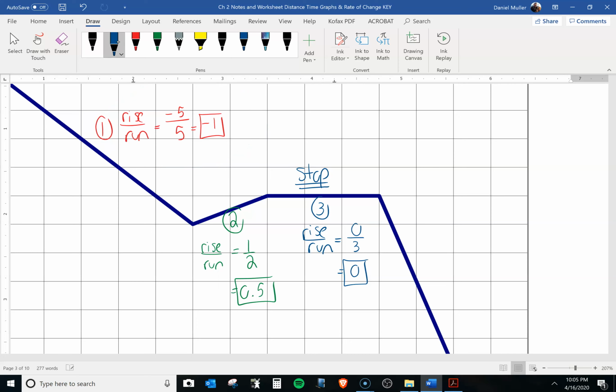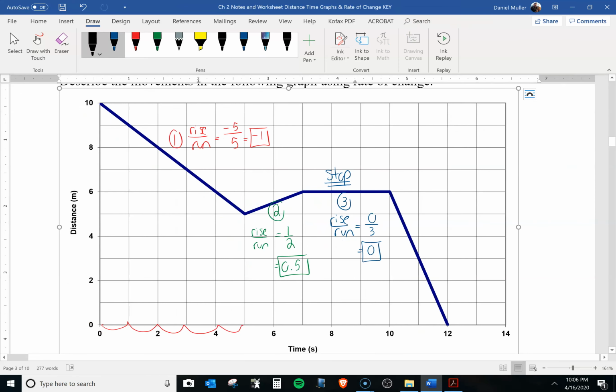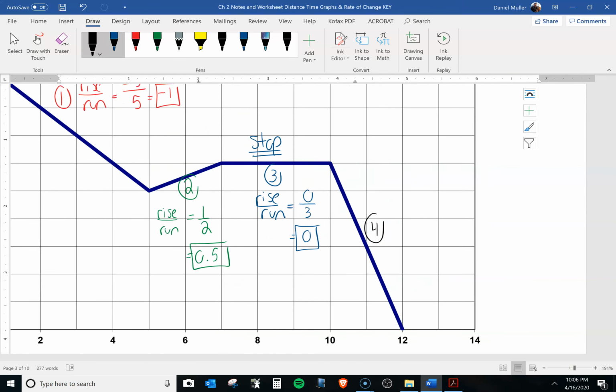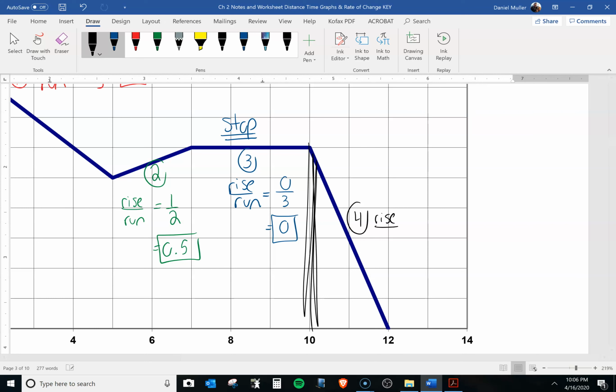But it looks to me like number 4 is actually incredibly steep. So this is section number 4, and we need to know, what is this total rise? Well, it's down, so it's going to be negative, but I don't know what that number is. I'm just going to have to count that. 1, 2, 3, 4, 5, 6.